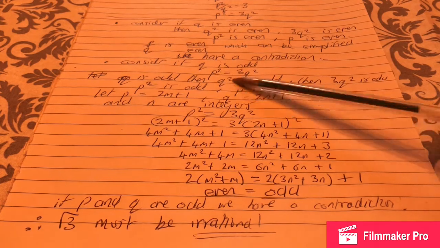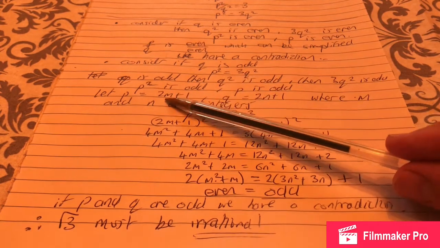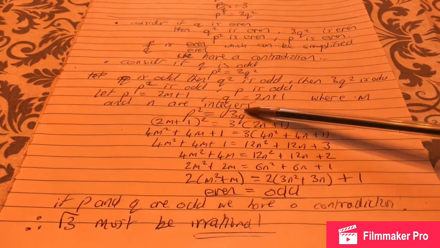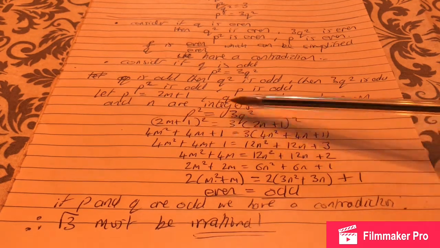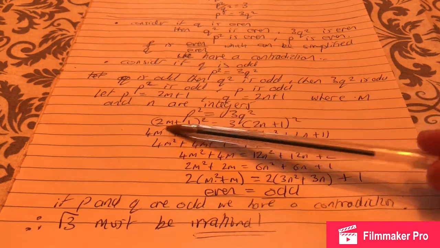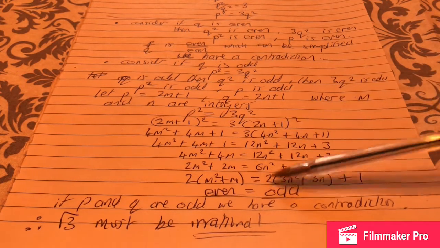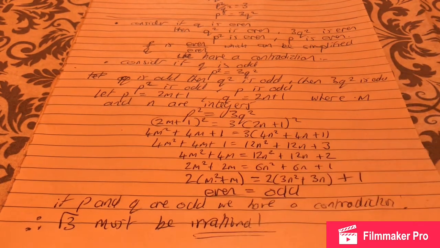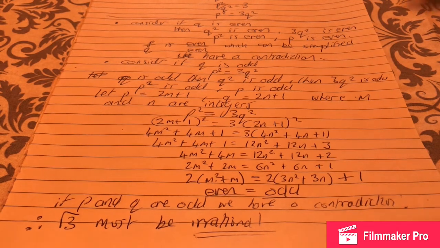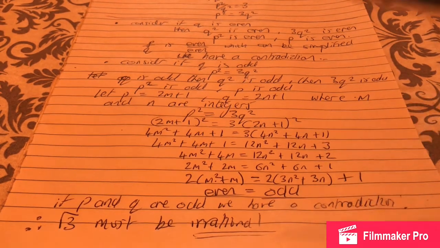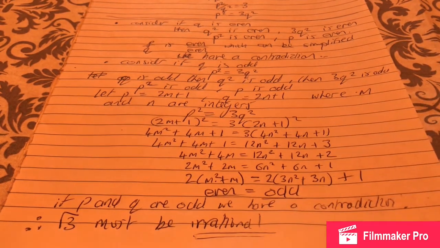Chain reaction, if you like, again. If Q's odd, P's odd. So we've got odd numbers. I define them as 2m plus 1 and 2n plus 1. I do the algebra and I get even equals odd. Well, even does not equal odd. That's a contradiction. And that gives me my proof. Okay, I hope that makes sense.